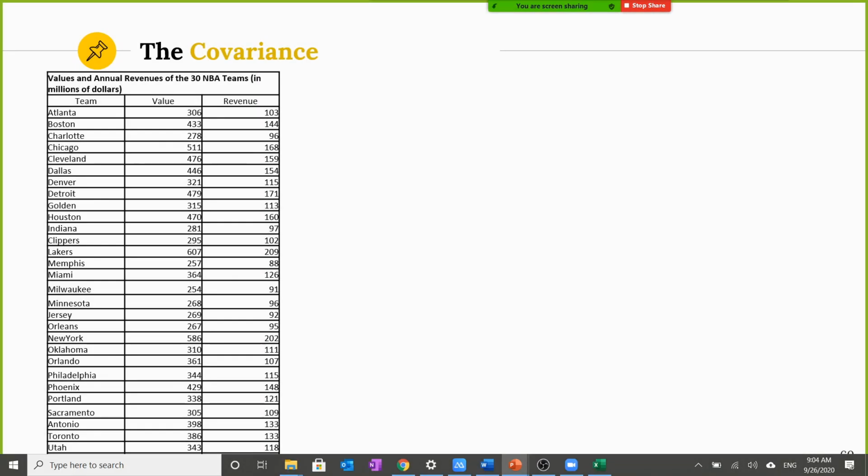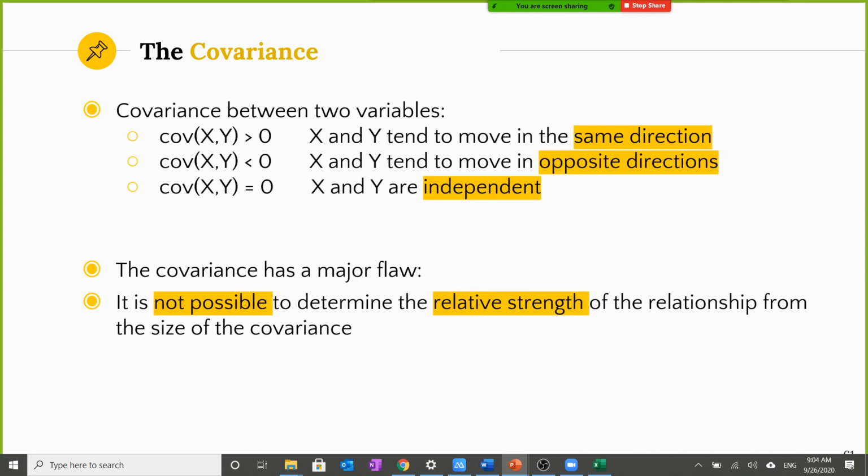Okay, the next is to continue. The covariance only tells you whether it is positive, negative, or equal to 0. If positive, they move in the same direction. Negative means they move in the opposite direction, and equal to 0 is independent. Same direction, or positive correlation, means if x increases, then y will increase.